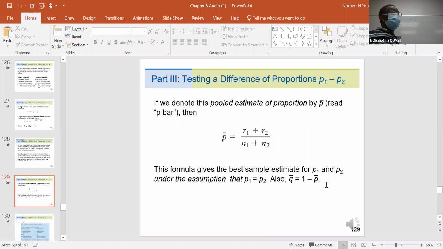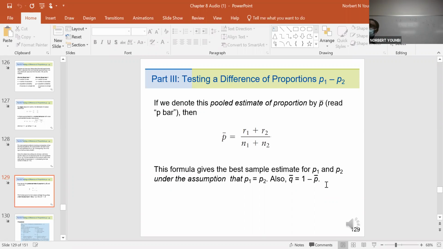We are going to find a pooled proportion. Normally, the test value is Z equals P1 hat minus P2 hat divided by the square root of P1 Q1 over N1 plus P2 Q2 over N2. You don't really need to write this.